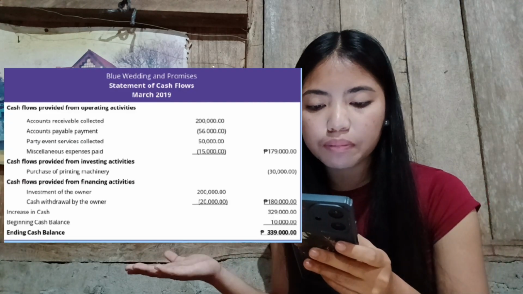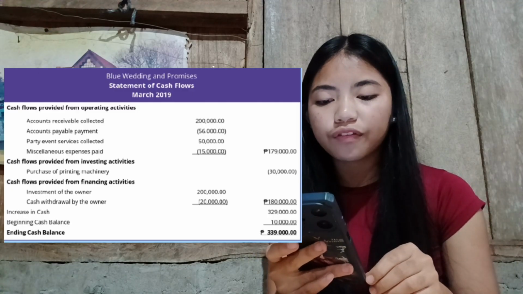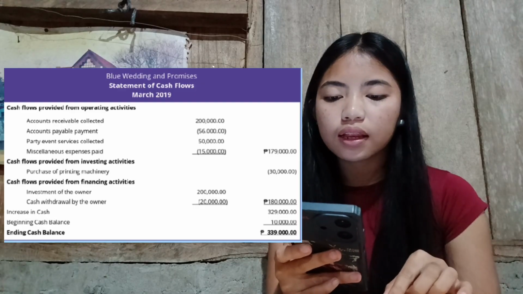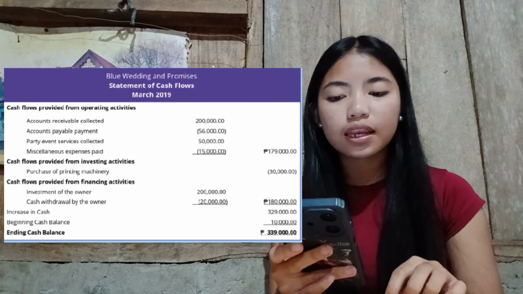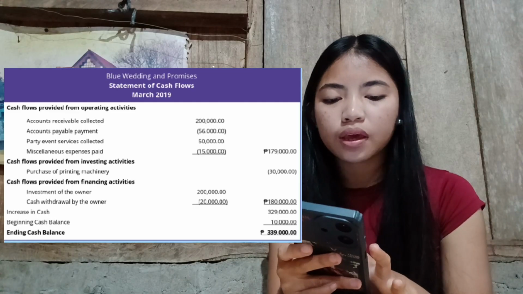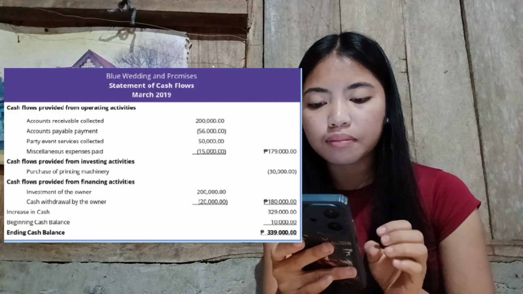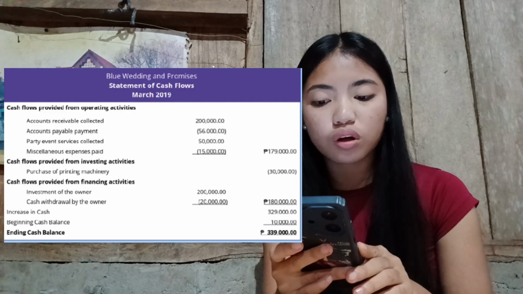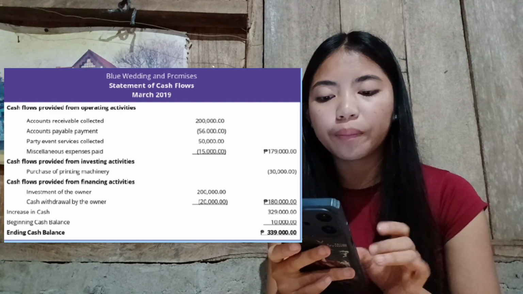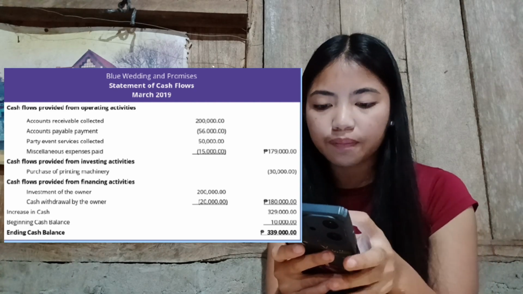So this is the statement of cash flows. It is similar to the statement of financial position. It has the name of the business, the statement of cash flows, and the date, which is March 2019. As you observe, the transactions are categorized based on activities, so the operating, investing, and financing activities are separated.